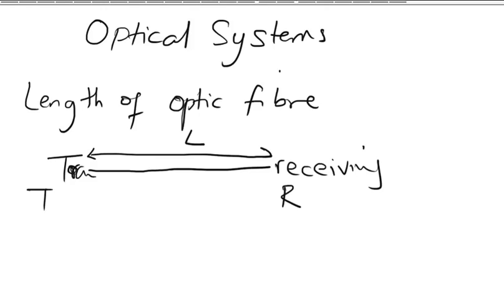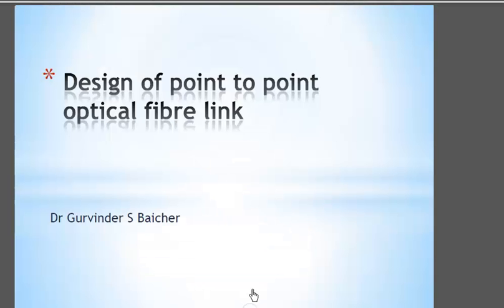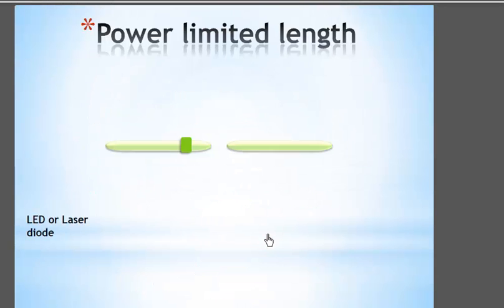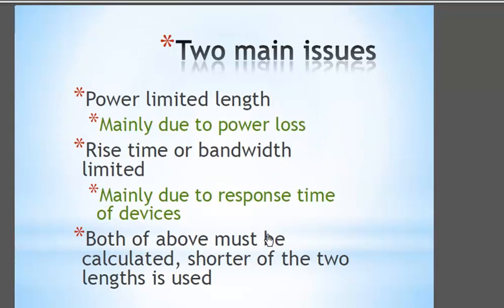Good. Now let me open one of the slides and show you. Now there are two main issues to consider when trying to calculate the length. You have to take note of the power and the rise time.